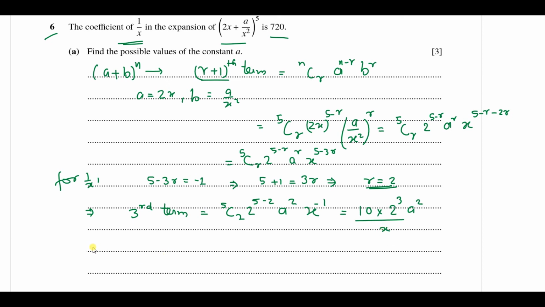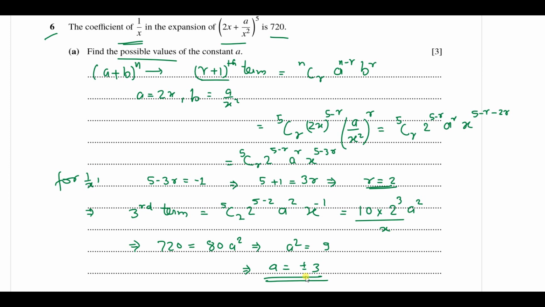According to the question, since the coefficient of 1 over x is 720, it means 720 should be equal to 8 into 10, 80 a squared. From here we get a squared as 9, and hence a is equal to plus minus 3. It's given that the possible values of constant a can be plus 3 or minus 3.